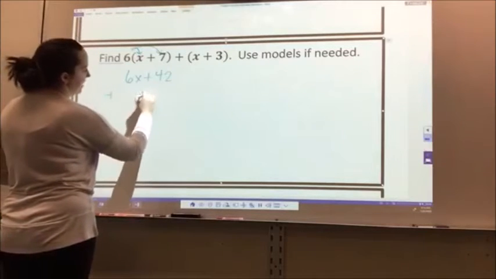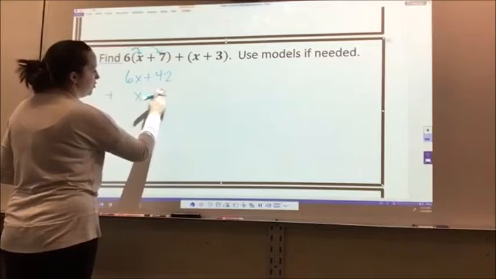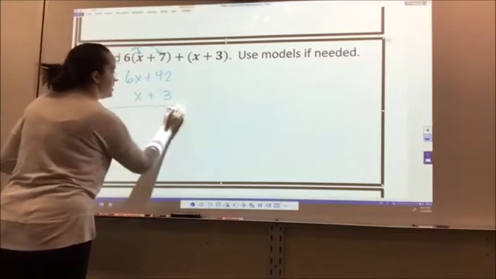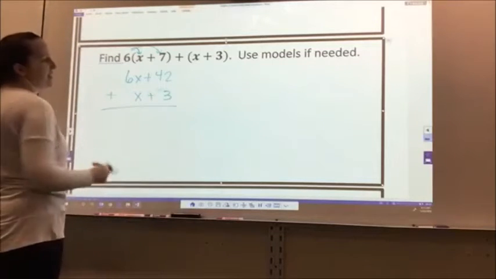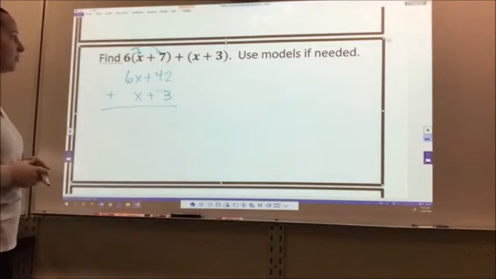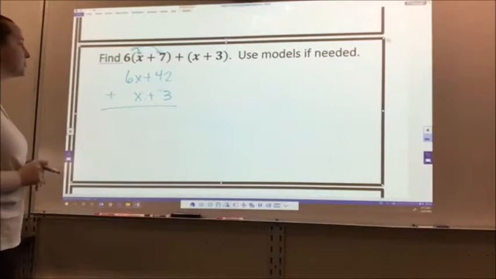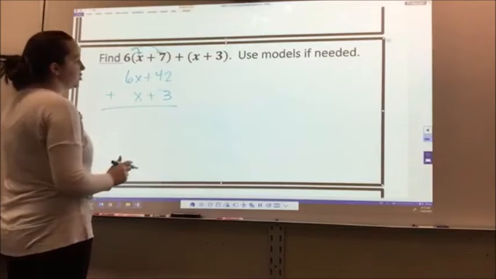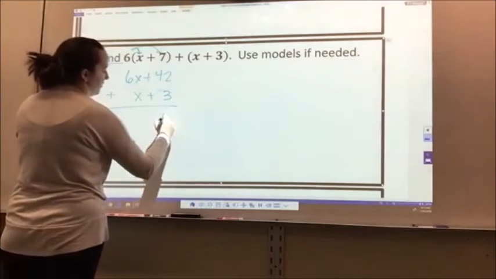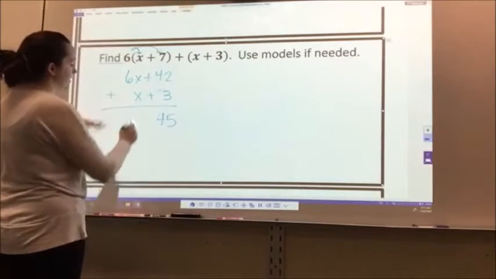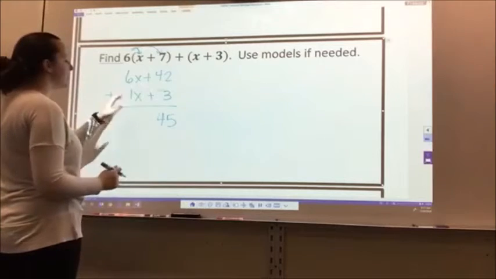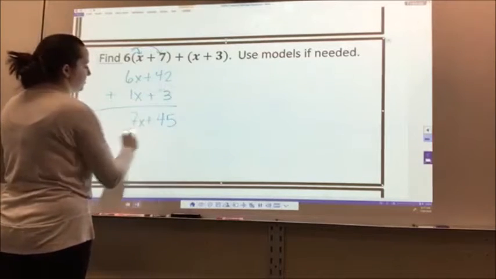So I can actually line them up just like you would a normal equation. Okay, so like if I were just adding numbers together, normal numbers. Okay, 42 plus 3 gives me 45, and then 6x plus 1x, because this is really 1x, gives me 7x. So 7x plus 45.